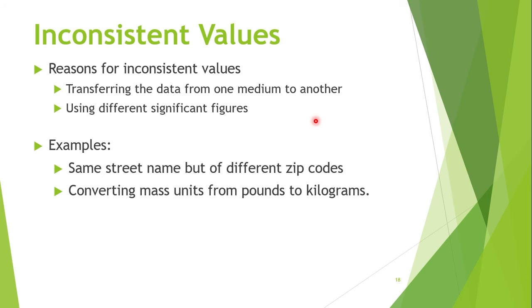So, sa 1 million kilograms, yung 500 or 5,000 pounds, malaking difference yun. So, yung use of different significant figures greatly affects yung values ng data objects. So, magkakaroon tayo ng inconsistencies doon.